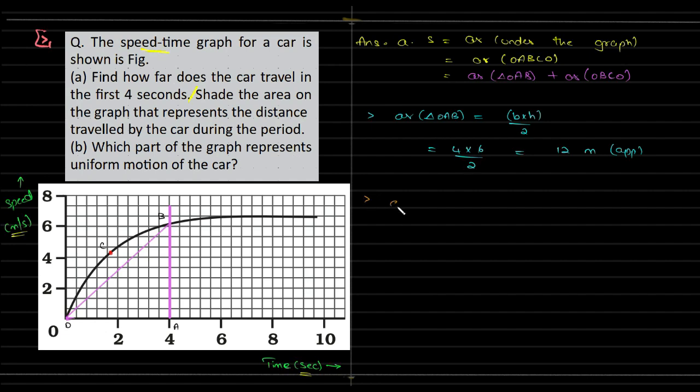Now, the next part is the tricky part and you're going to get confused over here. So OBCO is your area that needs to be found. So let's see if you guys get confused or not. Hope you don't, but high chances that you'll get confused. Okay, so don't think too much, just listen, let it sink in. So how do you find this area?